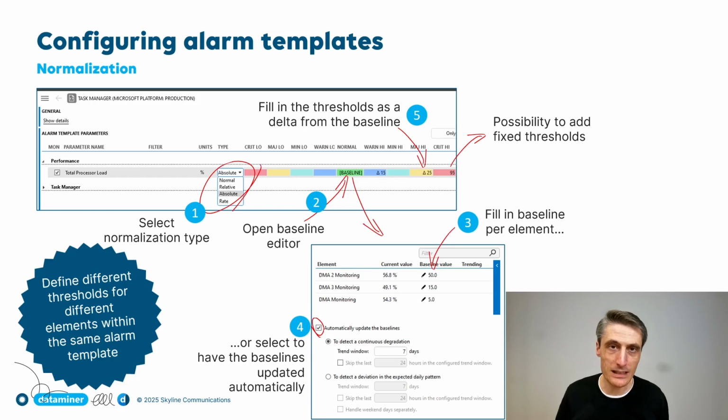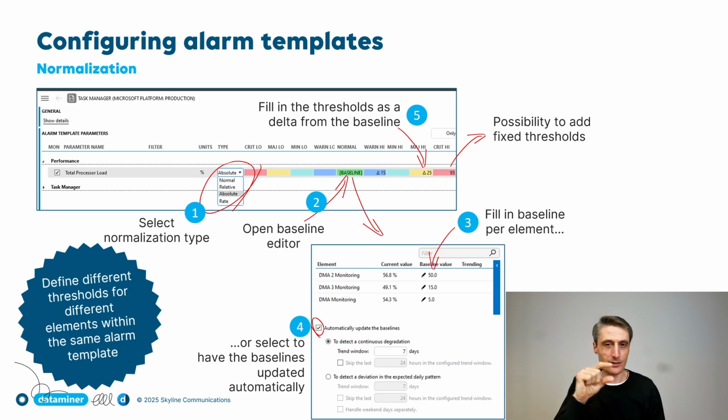Okay, so that was normalization, a very useful feature to make sure that one alarm template can be used for a whole series of elements, even if the normal expected value is different, and also to use it with automatically updating baselines, even with a daily pattern.